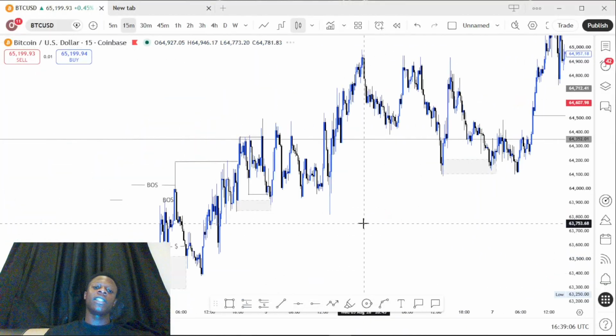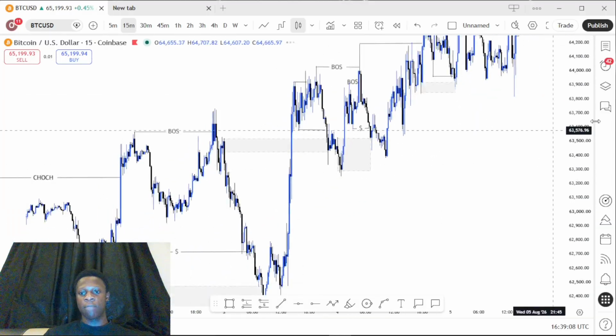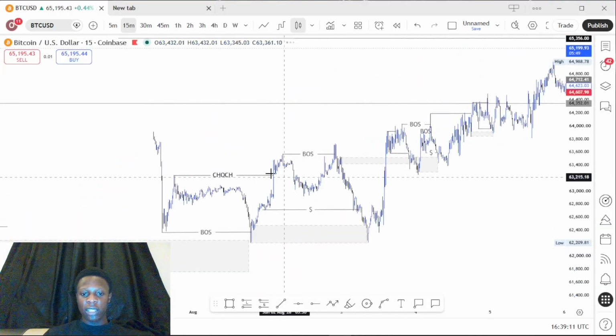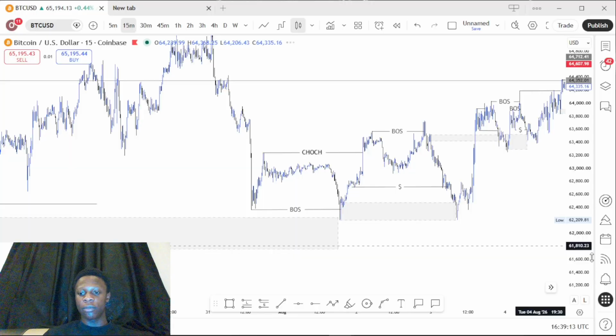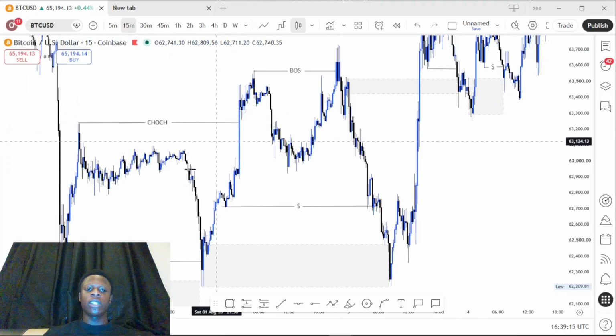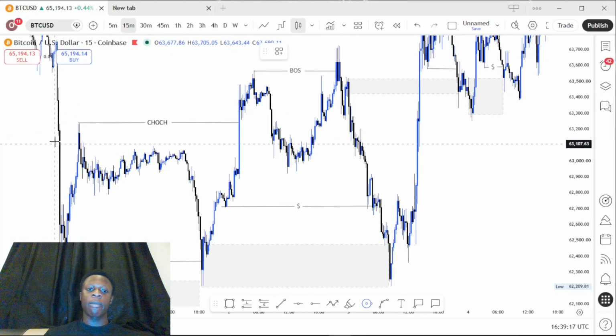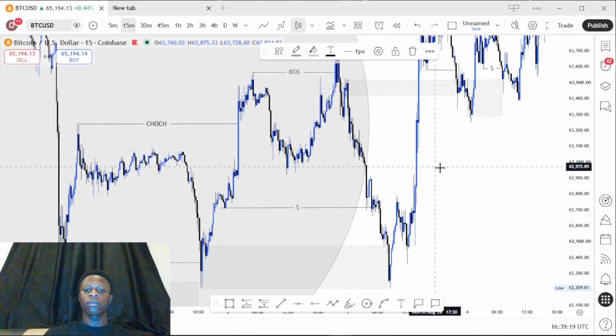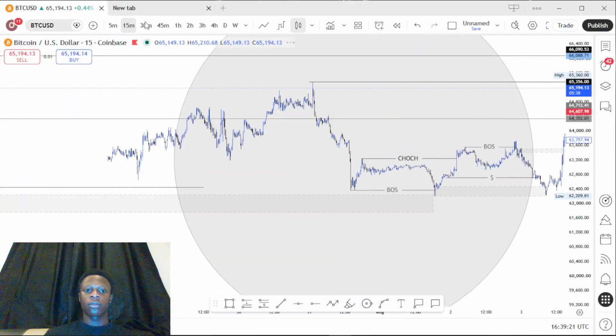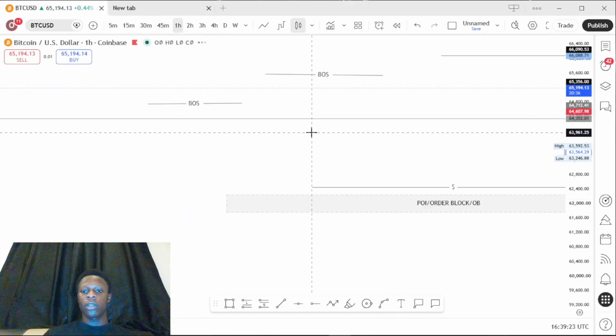And you can actually see the directional bias was still bullish, and after getting this very change of character right here, after I got this MMS right here, all right, let me mark it up for you guys.